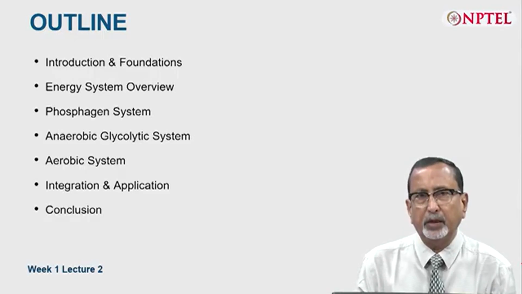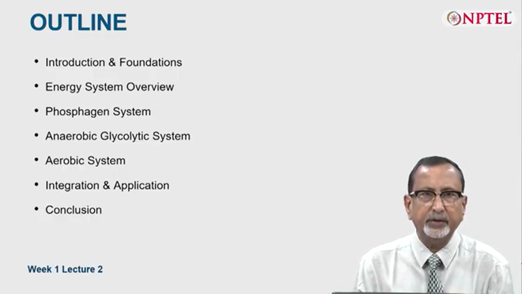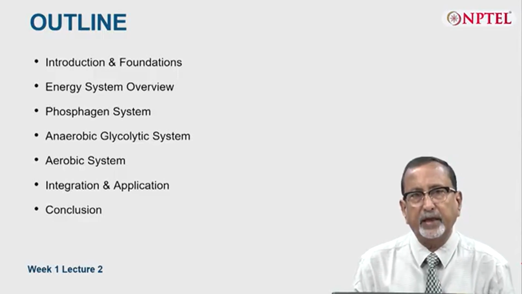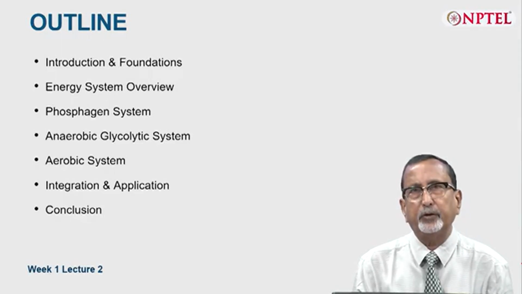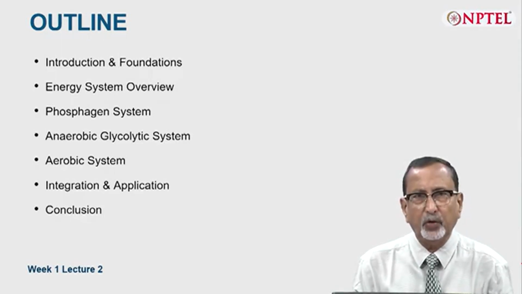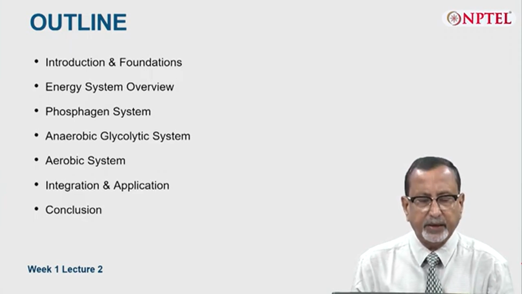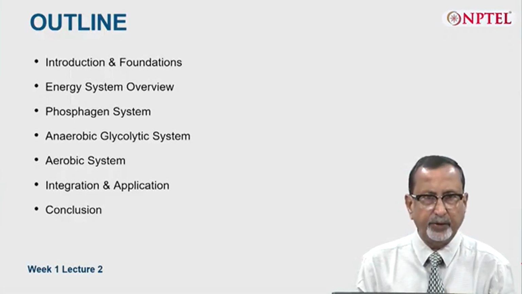As the glucose is breaking down, the process is called glycolysis. For both the phosphagen and glycolytic systems, no oxygen is required, which is why it is called an anaerobic system.